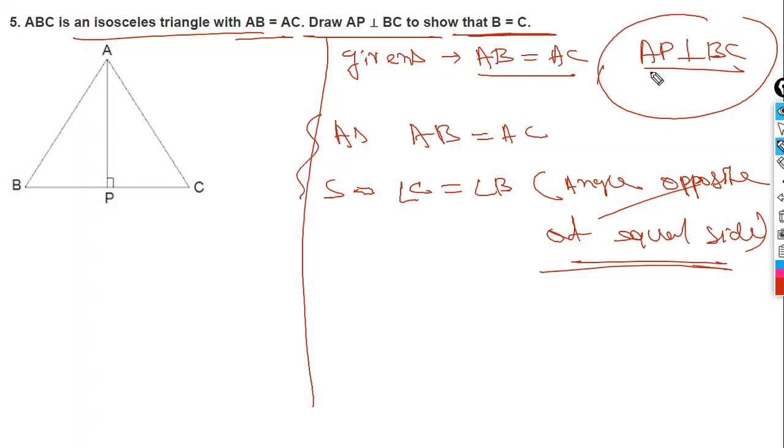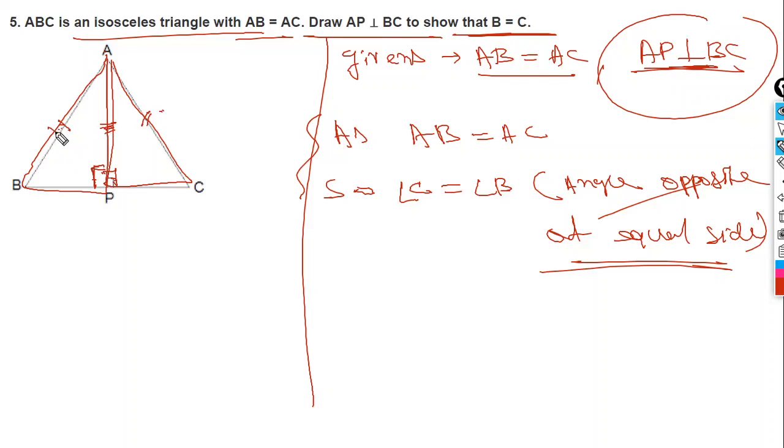Otherwise, as it is given AP perpendicular BC, you can move to triangle APB and triangle APC. In these two triangles, you have one right angle, and the equal sides are the hypotenuse. Now hypotenuse is equal, right angle is equal, and one side is common.